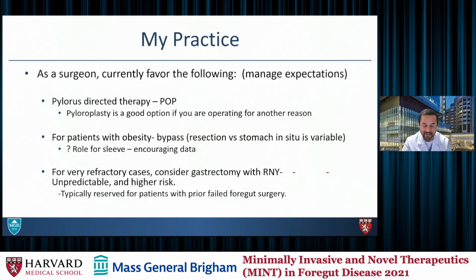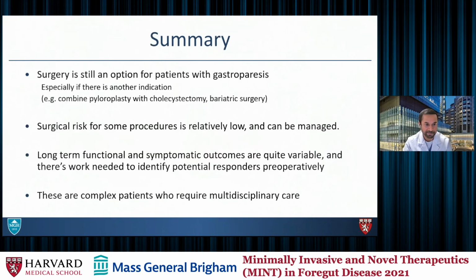There's encouraging data with the sleeve that we should look at, and we still need more data on this, but it's a new evolving field using sleeve for gastroparesis. For refractory cases, of course, we need to consider total gastrectomy or subtotal gastrectomy with a Roux-en-Y reconstruction. These procedures typically have higher risks of complications, but you only resort to this if we've failed previous other options.